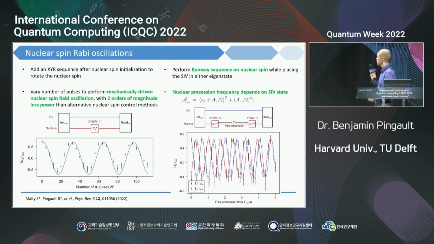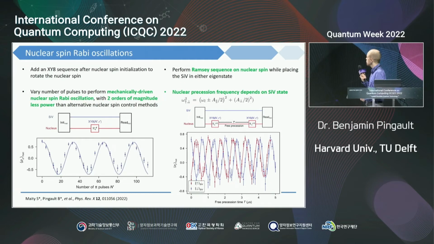Just to check that we are dealing with a single nuclear spin, we did a Ramsey sequence on the nuclear spin. What we do is we initialize the nuclear spin, then put it into a superposition of states using, again, pi pulses on the SIV. We let it precess for a certain amount of time, and then do another pi pulse and read it out. During this free precession time, we either put the SIV in the spin up state or in the spin down state.